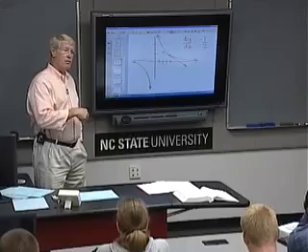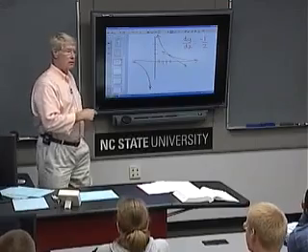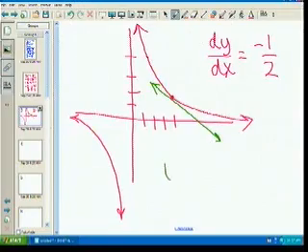Now, we did the derivative another way, didn't we? Didn't we get y prime? We solved for y in terms of x, and we took the derivative. What was that answer? Negative 8 over x squared.